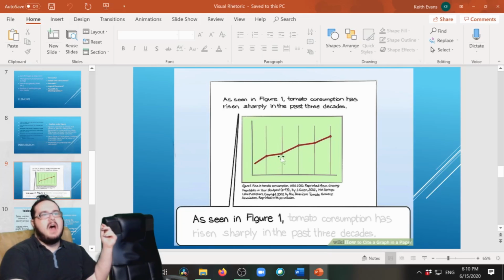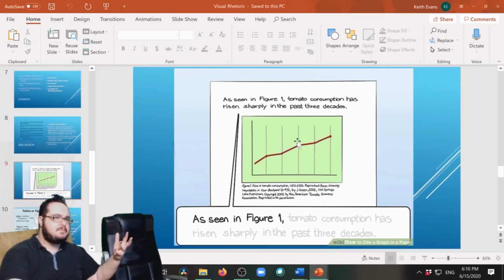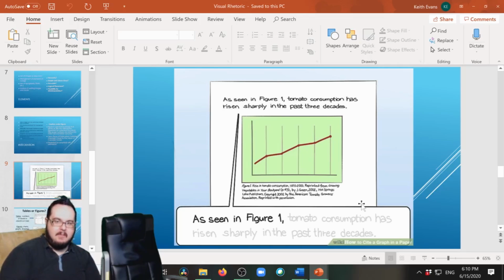And even if you did not take this graphic from somewhere else, you made a graphic yourself, or you took a photograph yourself, you will probably still need a citation, because even though it's your graph, we need to know where the information you're putting in that graph came from.